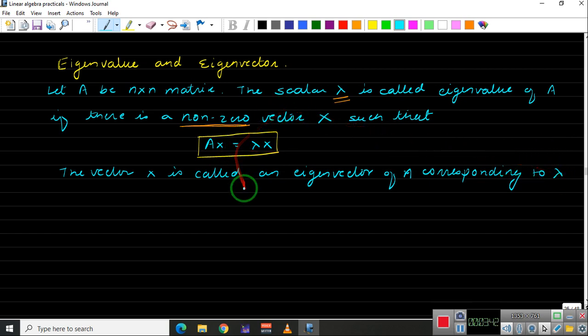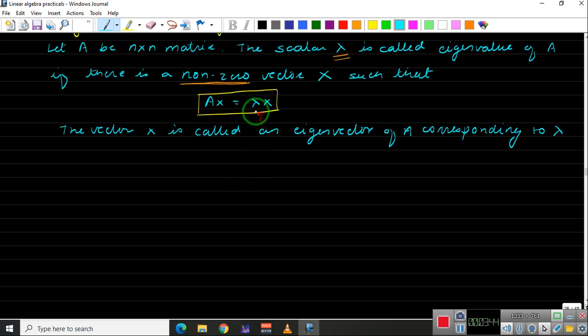Now let us see some small results, and then we'll go for the application part, how to find the eigenvalues. If x is a non-zero vector which is an eigenvector corresponding to eigenvalue lambda, then if you multiply this equation by any non-zero scalar, you will again get an eigenvector.